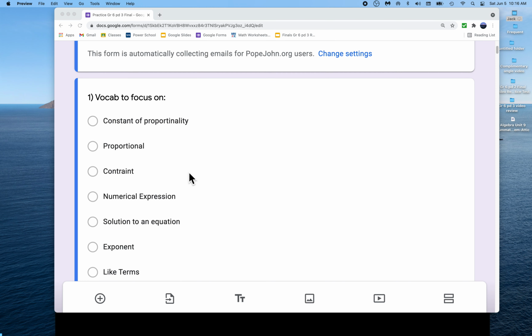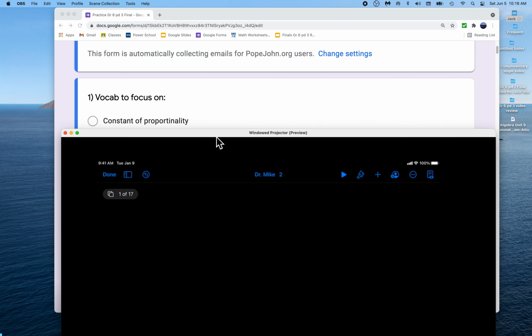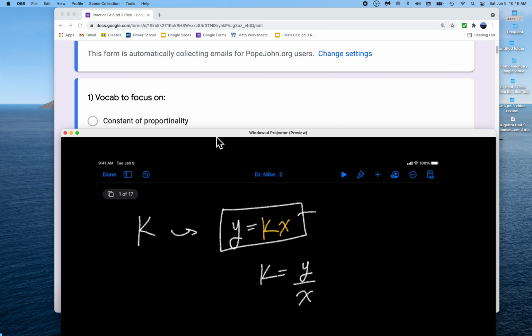Okay, moving on. The constant of proportionality, recall, is the k value. So you'll see this perhaps on the exam as k. K is featured in this formula, y equals k times x, or you'll see it as k equals y over x. And if you think about it, it's easy to get from one formula to the other.